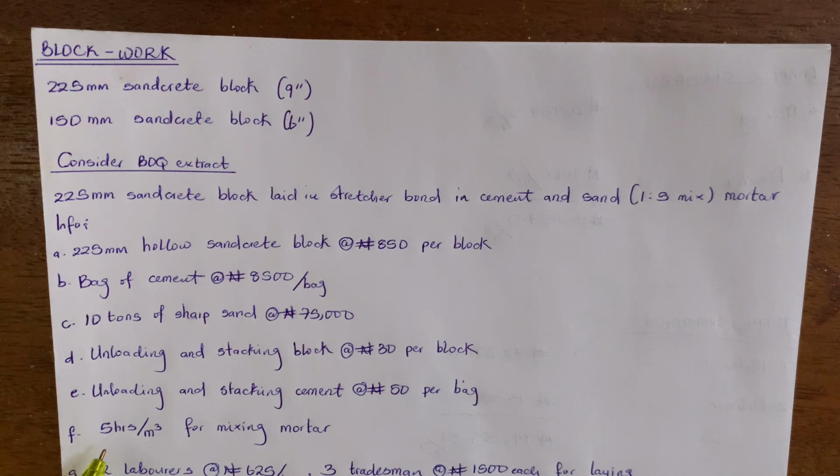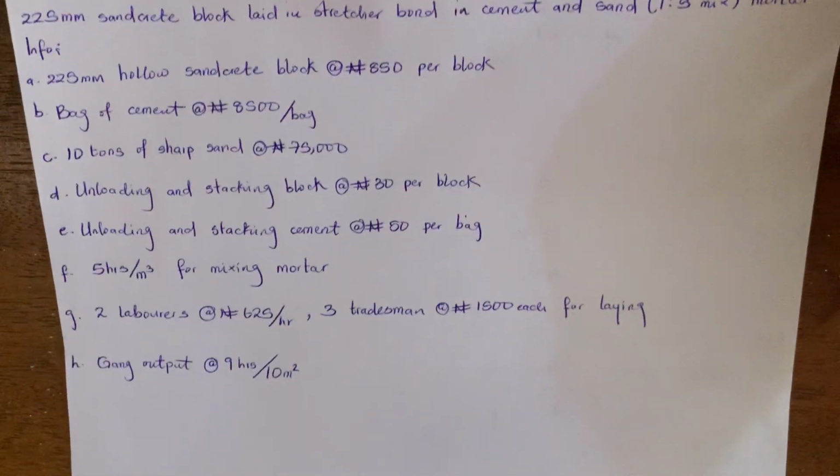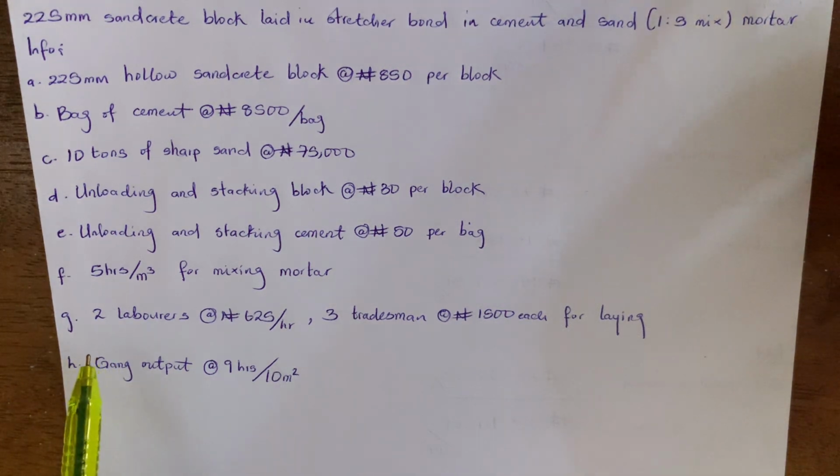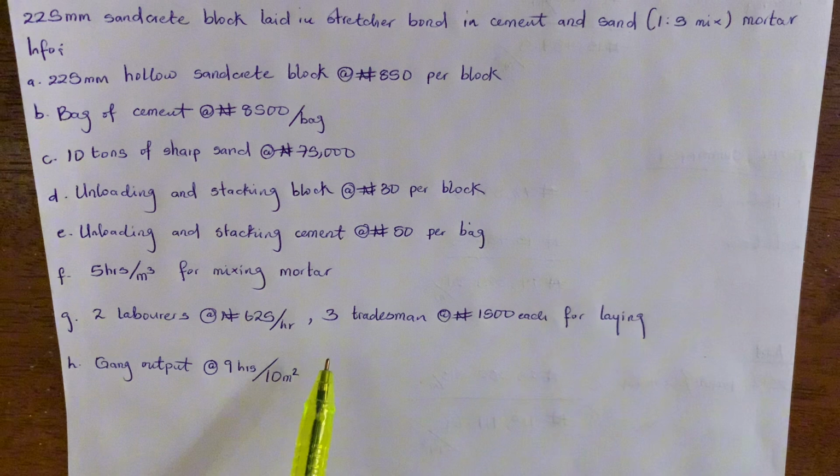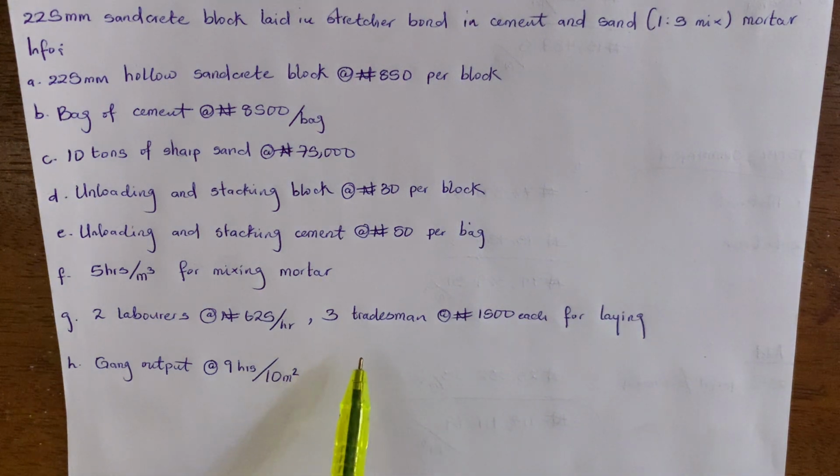So for mixing the mortar, per meter cube, is going to take the laborers about 5 hours to mix mortar per meter cube. The next thing is the number of laborers we're going to be using. So 2 laborers at 625 naira per hour, and 3 tradesmen at 1,500 naira each per hour for laying the block.